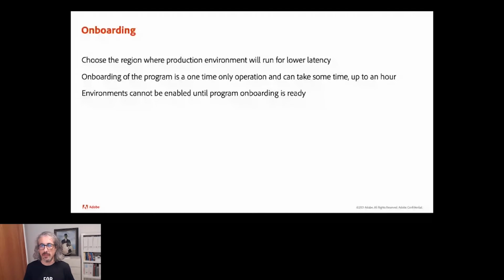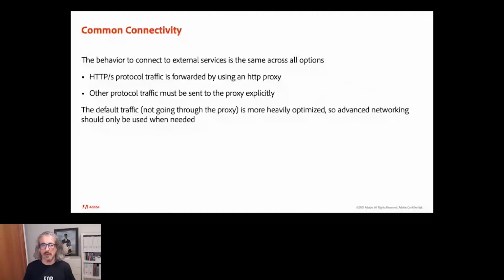The behavior to connect to these external services is going to be the same across all the options. For HTTPS traffic, we forward this by using an HTTP proxy. And for other protocols, we open ports, and you have to send the traffic explicitly to this proxy.